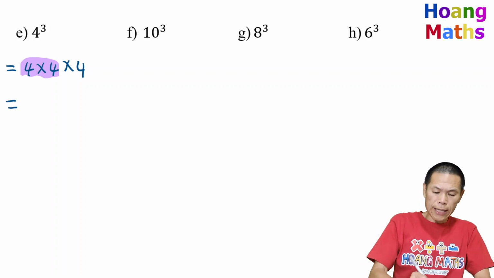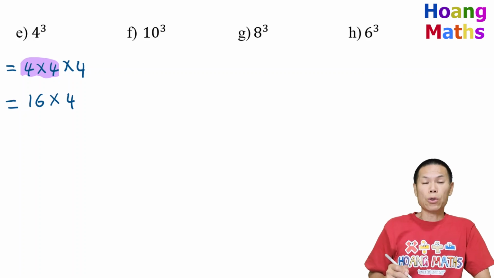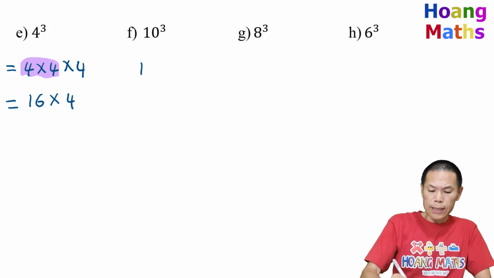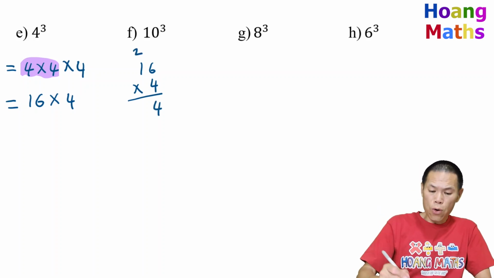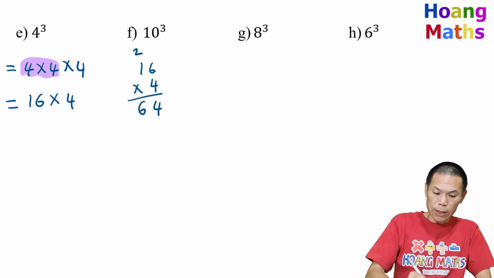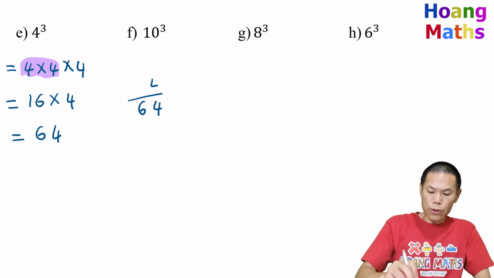So let me write it down. So 16. And we times this 4 down. So we just work out like this. 16 times 4. So 4 times 6 is 24. So put 2 there. 1 times 4 is 4. Add 2. So that give me 6. So that is 64. So there you go.